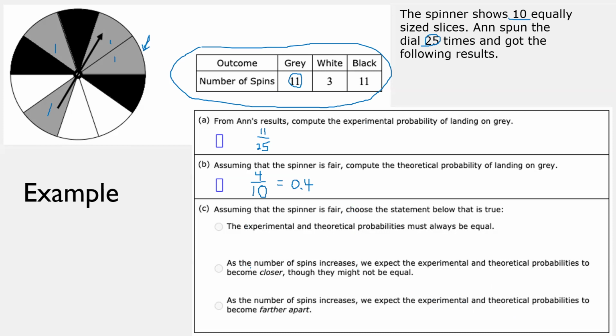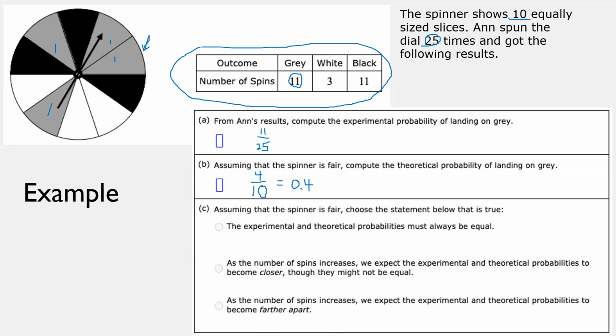In this case, as the number of spins increases, this means the experiment has gone on more than just 25 times. Maybe she did it another 25 and another 25. So as it increases, we expect the experimental and theoretical probabilities to become closer. They may not ever actually reach, but they can become closer. That's what we expect.